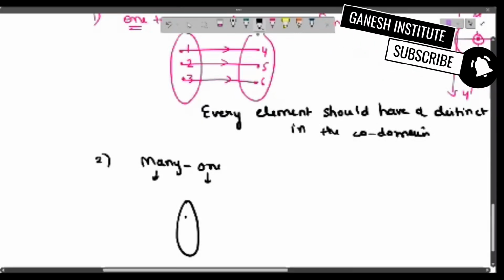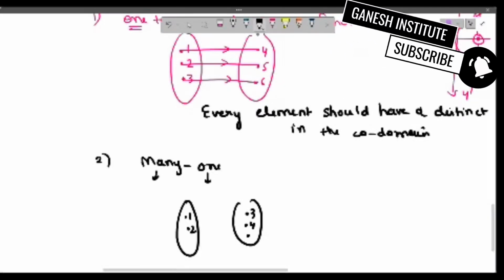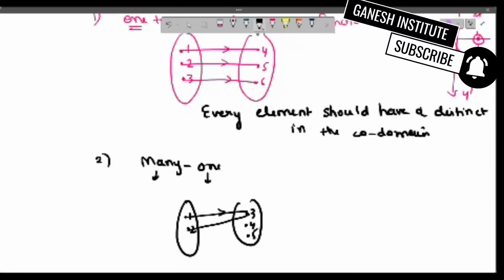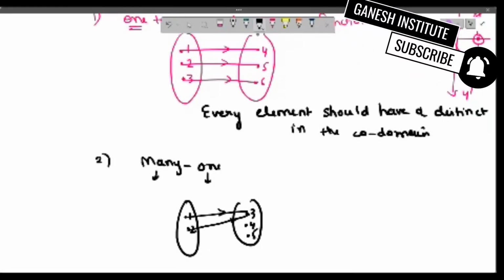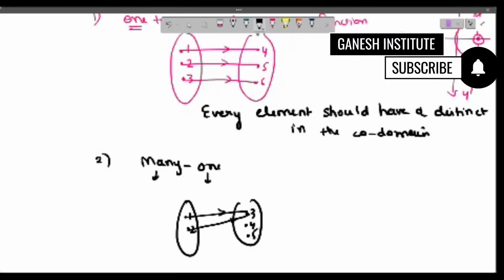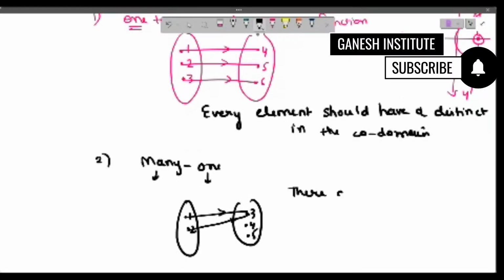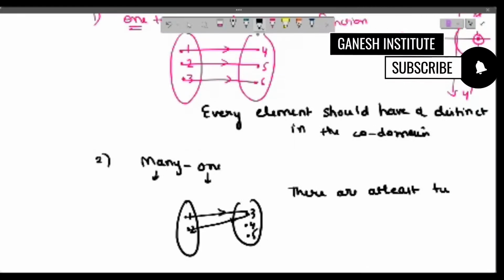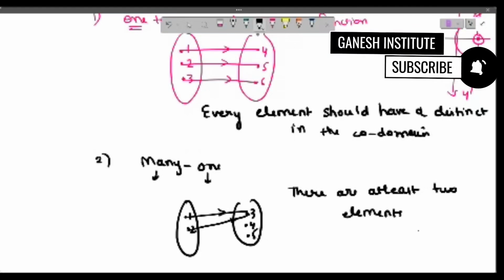So for example, I have 1, 2, and I have 3, 4, 5. So 1 is mapped with 3, 2 is mapped with 3. So this sort of thing is many-one. If there are at least two elements in the codomain which are same.